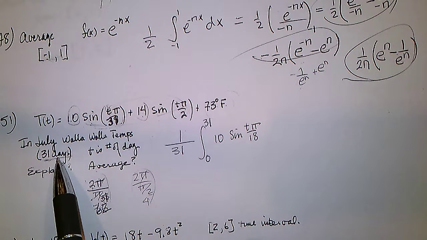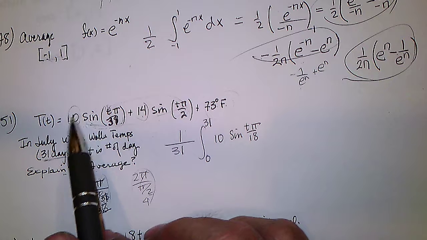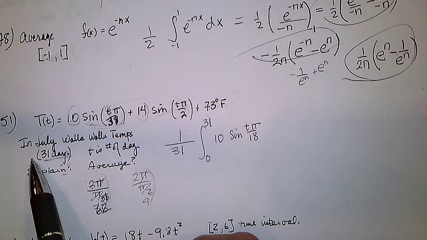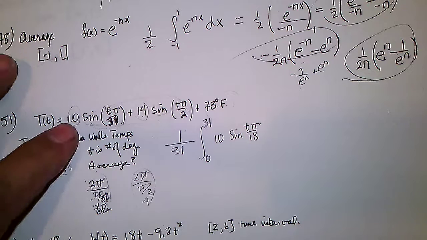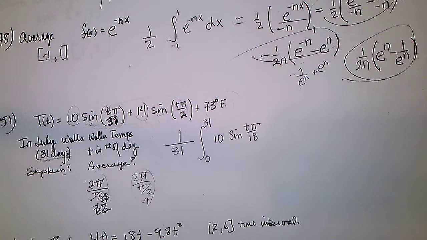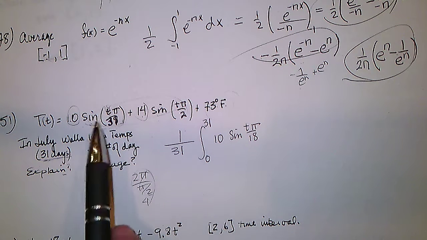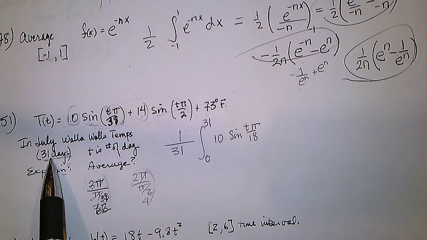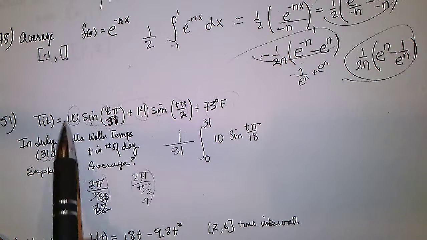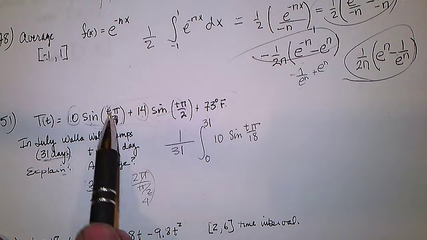So it's going to drop 10 degrees over the month, probably is what they're saying. Or it's going to increase and then decrease. So if this is in July, the first 31 days, it's going to get 10 degrees hotter.